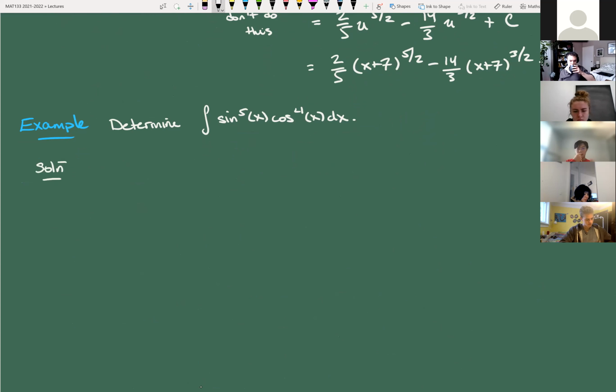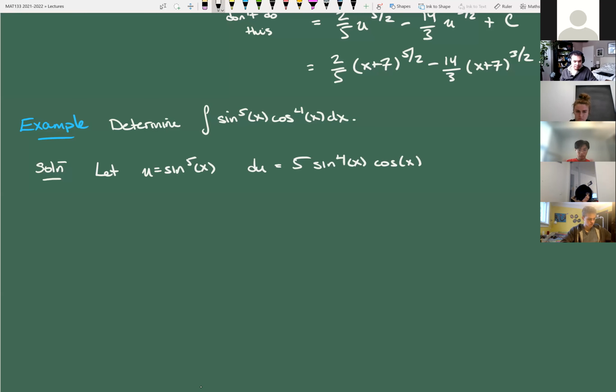Okay, so does anyone see what to do here? Oh, okay, good. Interesting idea. So let's take u to be sine 5x. Okay, so du is 5, what is it? 5 sine to the 4x cosine x, right?